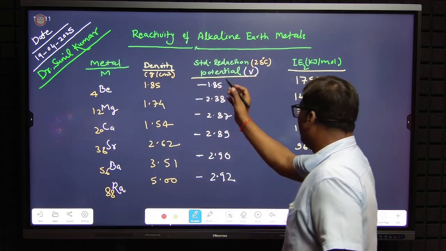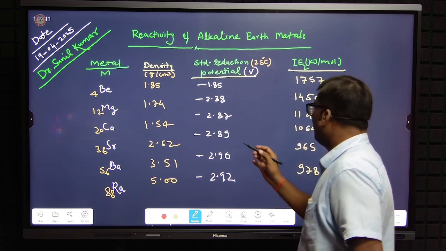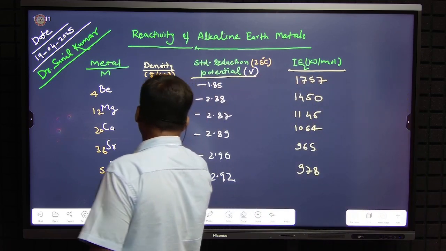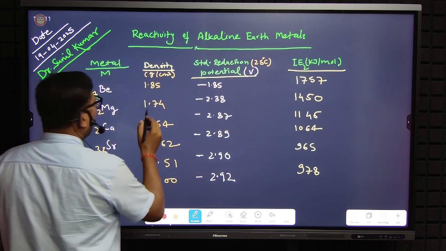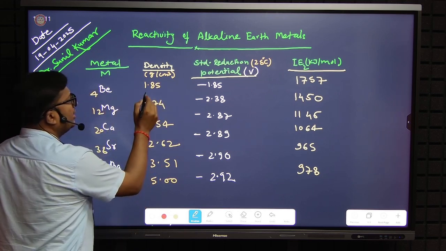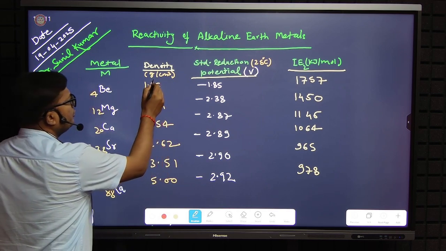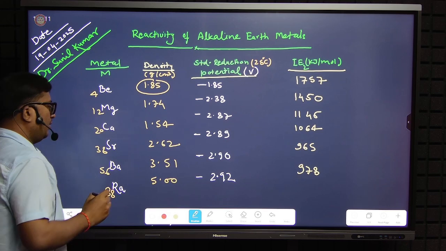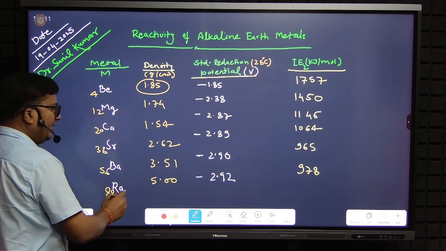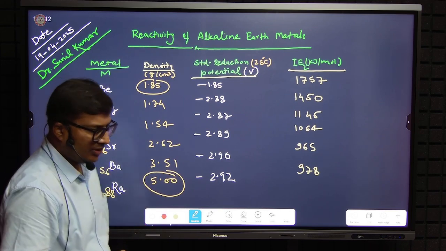From this table, it can be confirmed that the density for beryllium is 1.85 gram per centimeter cube. But in case of radium, it has very high density, okay?